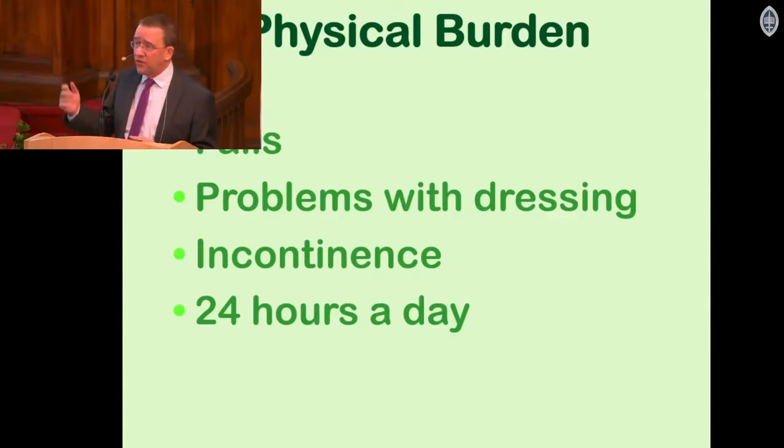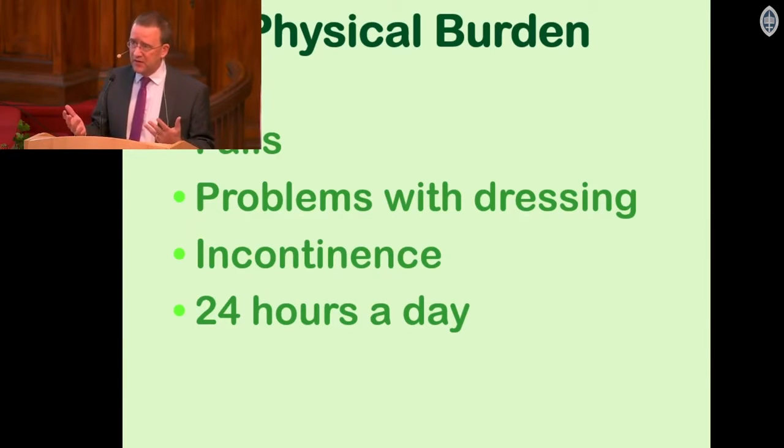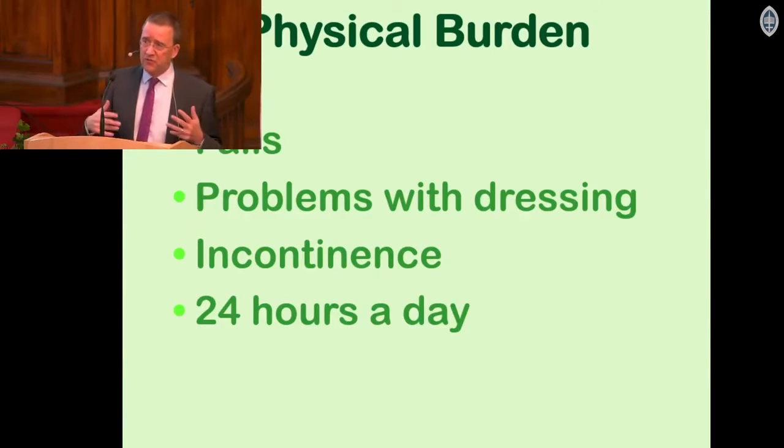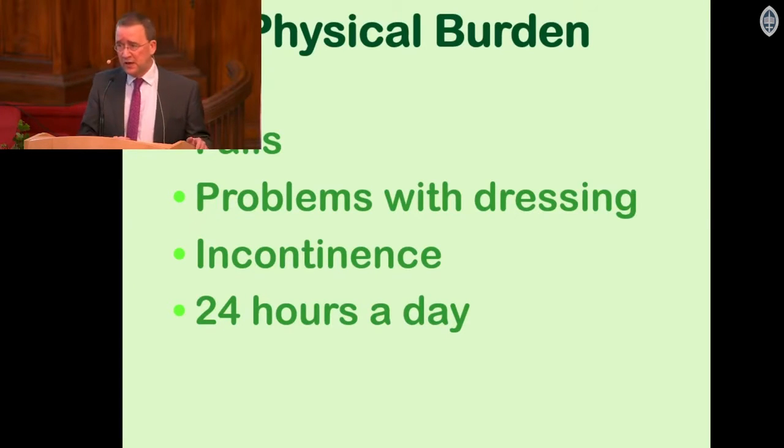You take it for granted that you will put on the right clothing and clean yourself up in the morning. People with dementia don't do that. They don't change their clothing at all, and therefore can become dirty and smelly. Or when you want to try and change their clothing, it can be difficult to persuade them to do that, and that can lead to confrontations and aggression.